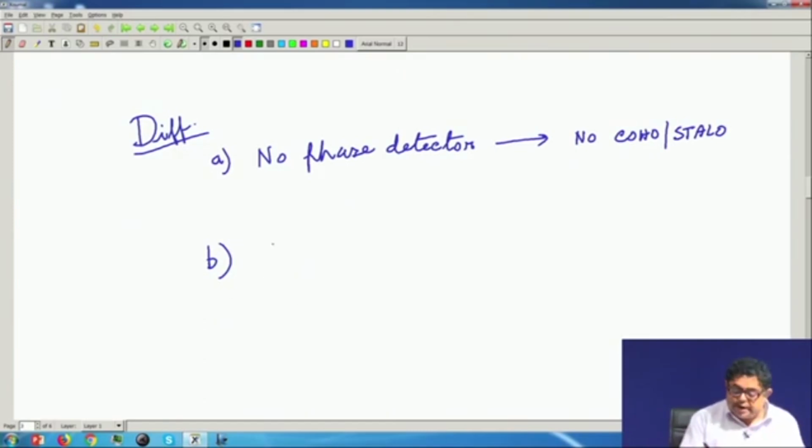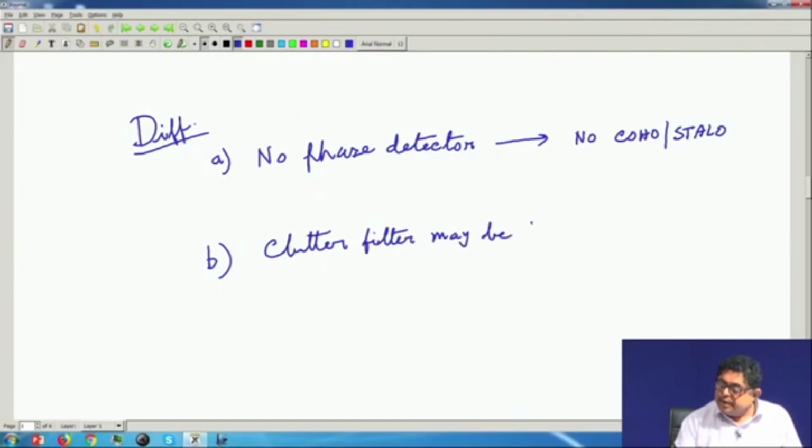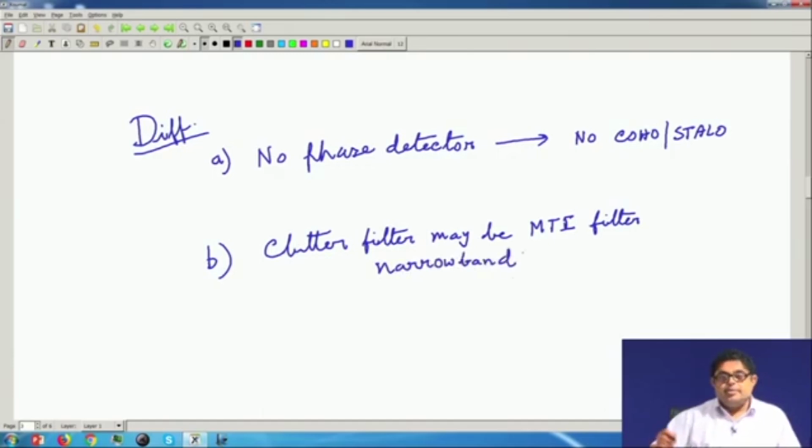Now, we can say that the clutter filter may be an MTI filter, or may not be, but whatever it is, a narrowband filter will do. No broadband filter is required, because you have already extracted the range here.